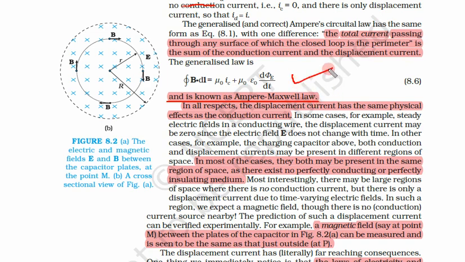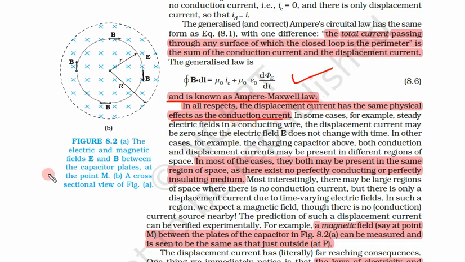Now with this law, if we calculate the magnetic field, whether inside the capacitor or outside the capacitor, we will get some magnetic field, which is true when Maxwell did the experiment. He also found the magnetic field inside the capacitor. In all respects, the displacement current has the same physical effects as conduction current.